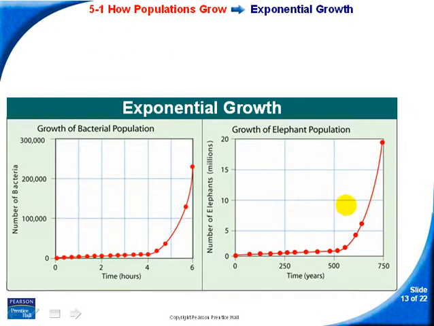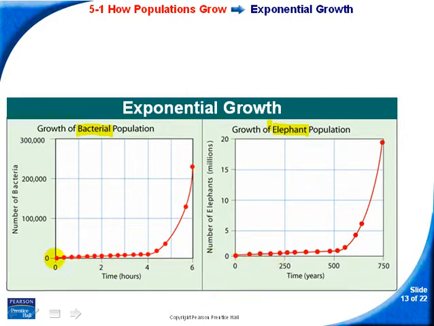Now, this doesn't always happen in life. Here's two examples that we saw in your book. This is a bacteria. This is an elephant. You can see that the generation time for bacteria is roughly 20 minutes, I believe, whereas for an elephant, a generation is maybe 50 years.